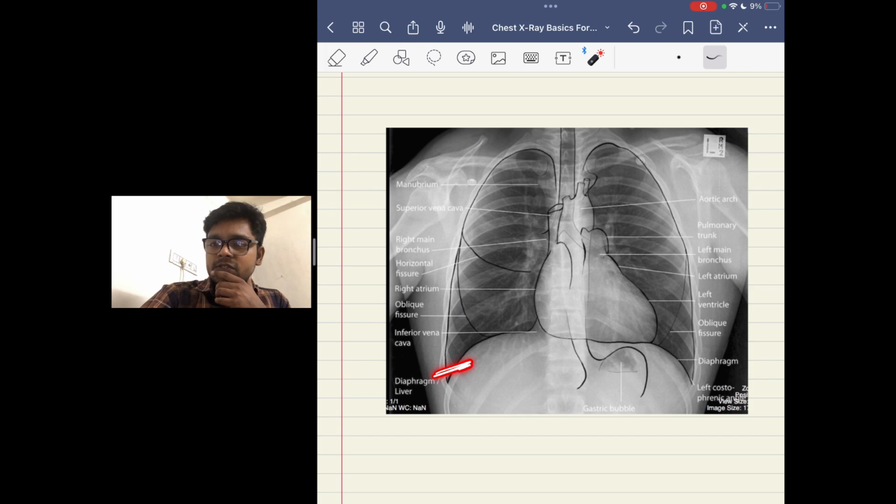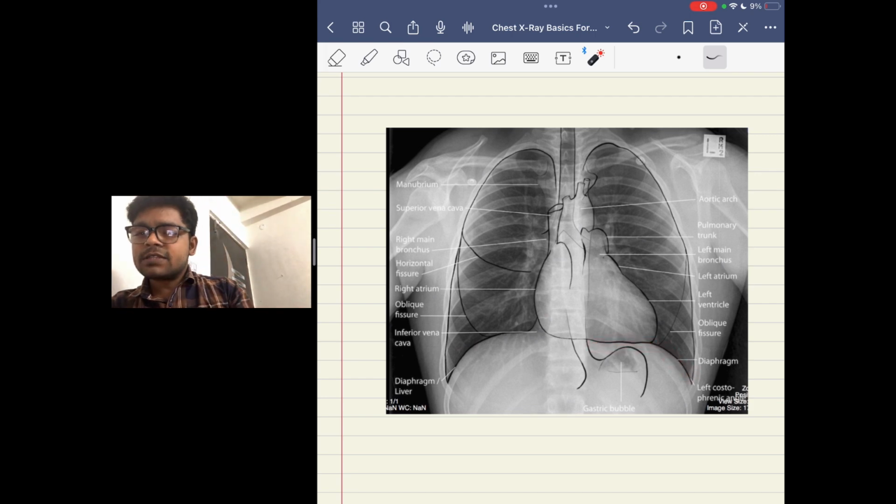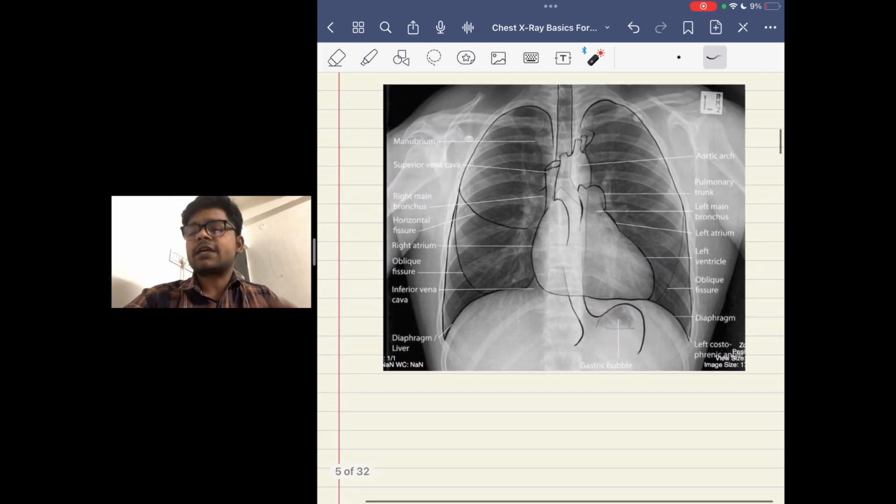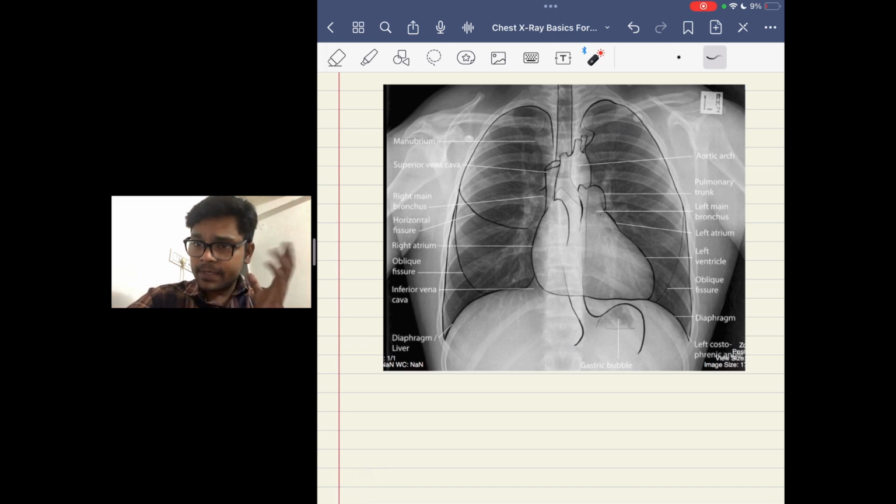And these are the costophrenic angles. The right diaphragm is slightly above the left one because of the liver, it's very obvious. And this is the fundic gas bubble. These are more or less the normal structures that you need to see in a PA view chest x-ray.